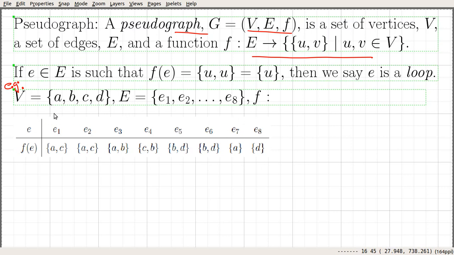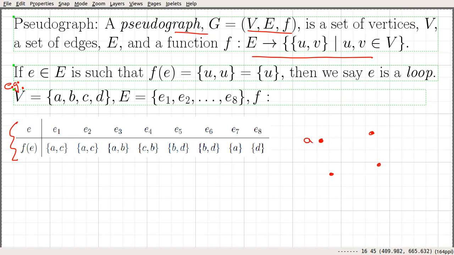Consider this graph with vertex set A, B, C, D, and edge set E1, E2 up to E8. So we have 8 edges, and our labeling function is shown in this table. Let me draw this graph.